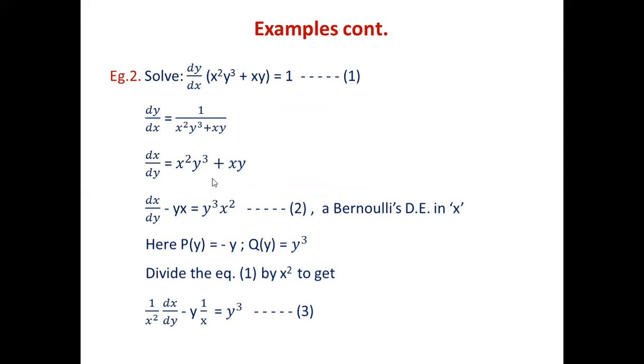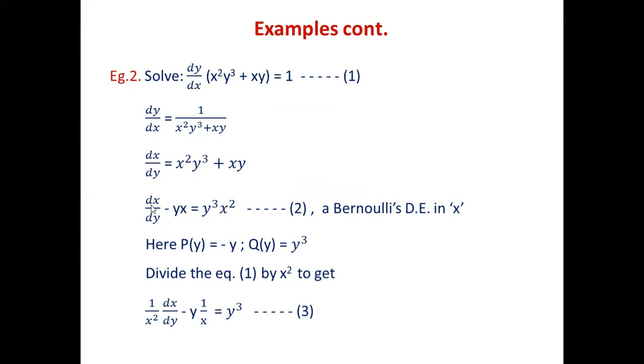So you are forced to change the roles of the variables now. In the given equation, y is the dependent variable, x is the independent variable, whereas now you have a differential equation where x is the dependent variable, y is the independent variable. So this is a second form of Bernoulli's differential equation.